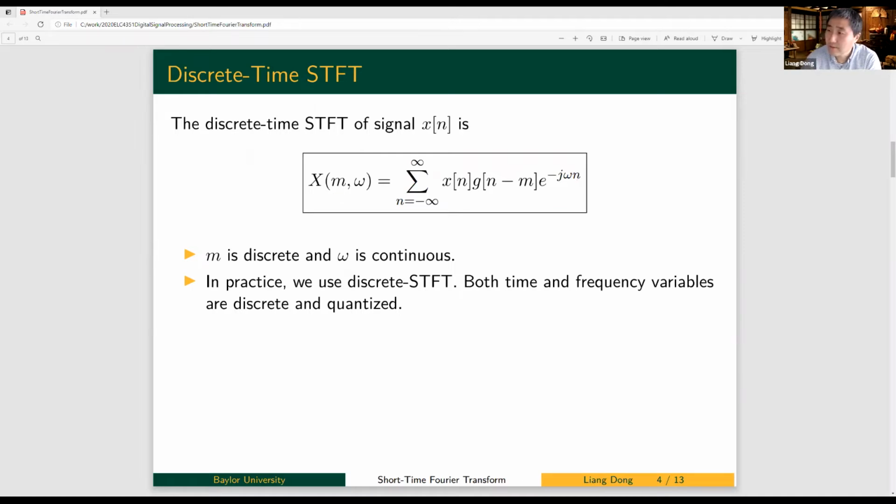The entire formula for the short-time Fourier transform is very easy to understand and remember. Everything is a Fourier transform. We know that if you take any signal, multiply by this kernel, and then do either integration or summation, you do either a continuous time or discrete time Fourier transform. The only thing is that this part is a windowed signal. That's it. So that's the short-time Fourier transform.